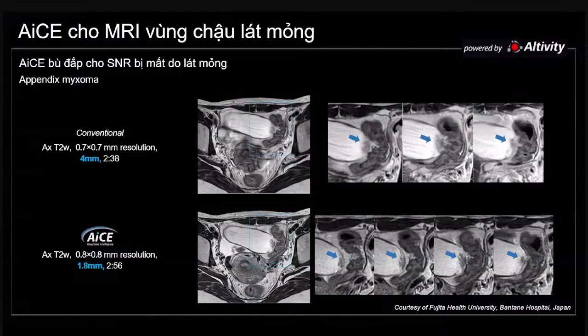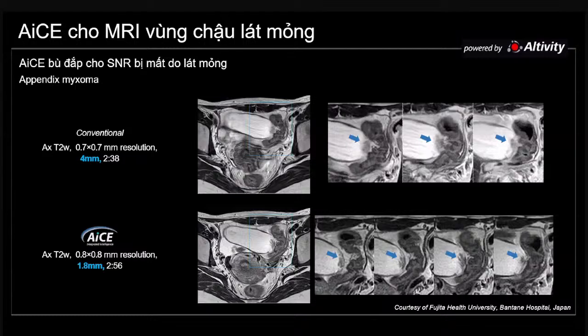At the same time, with AI reconstructions, we can also improve or compensate for the SNR loss due to the thinner slice. So you can see on the top row of the images is a conventional scan, which is 4 mm at 2.5 minutes.